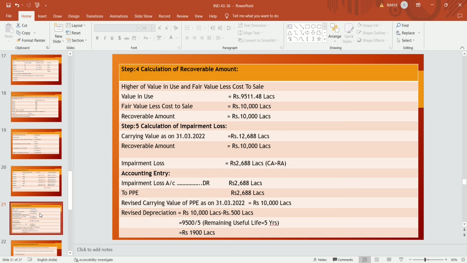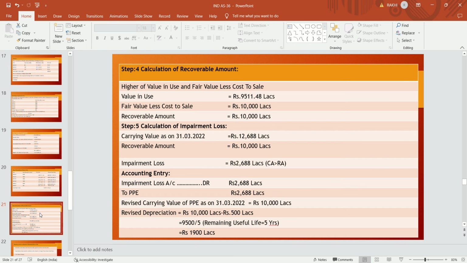Now step 5 is to calculate the impairment loss. We have also found the carrying amount as on 31st March 2022, that is 12,688 lakhs, and the recoverable amount is 10,000 lakhs, which is less than the carrying amount. So there is an impairment.